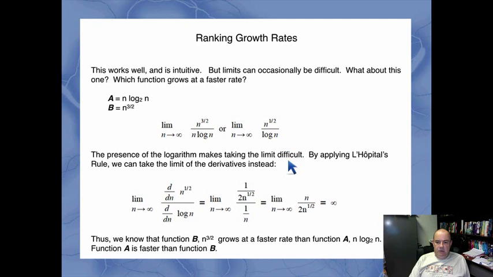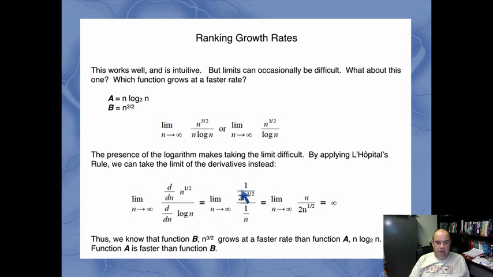Taking limits with logarithms is somewhat difficult. Therefore, we use L'Hopital's rule, and we can take the limit of the derivatives instead. So here we have the limit as n goes to infinity, the derivative of the square root of n over the derivative of log n.